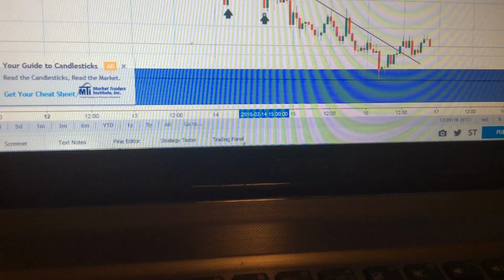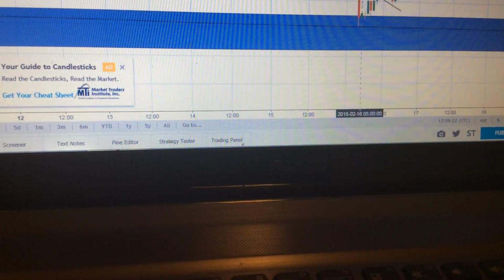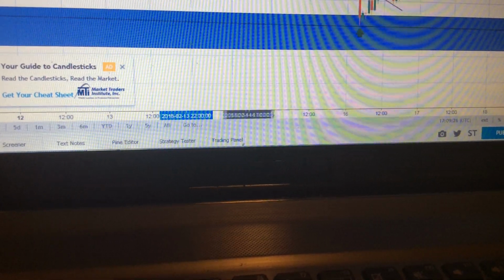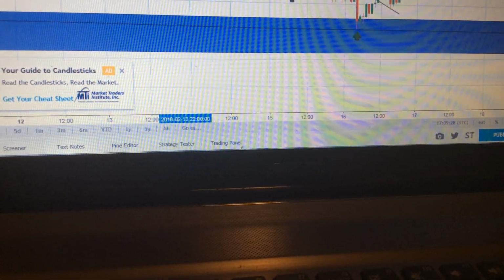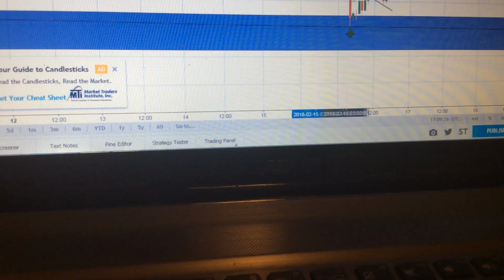That's kind of a mild low. That's a lower low. And then that's the final lower low. That's a lower high, lower high, lower high, lower high, and this looks like it's going to be a lower high.